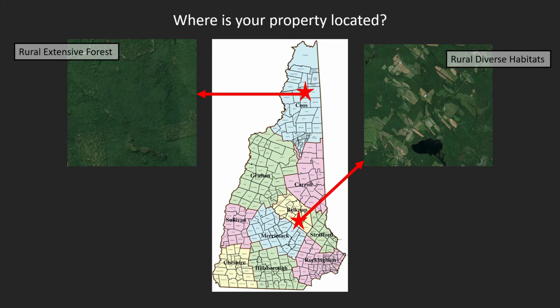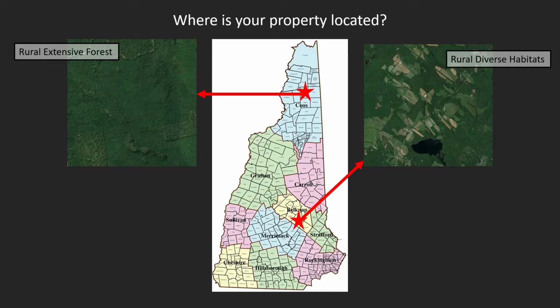Next, get an overall sense for the general condition of the landscape around your property. If you are in a very rural landscape, but the only habitats around you are mature forest, that will result in a different group of wildlife in your neighborhood than if you are surrounded by a mosaic of forests, fields, and wetlands.